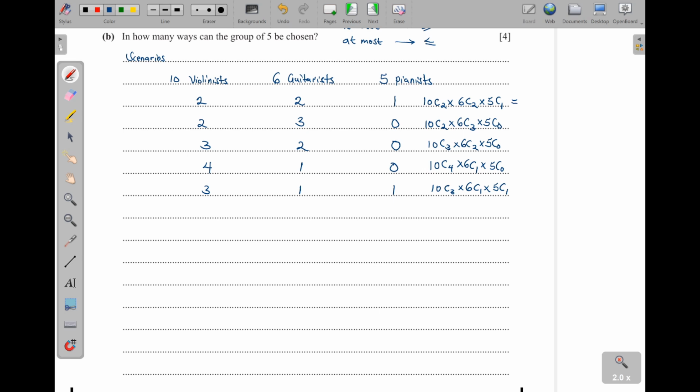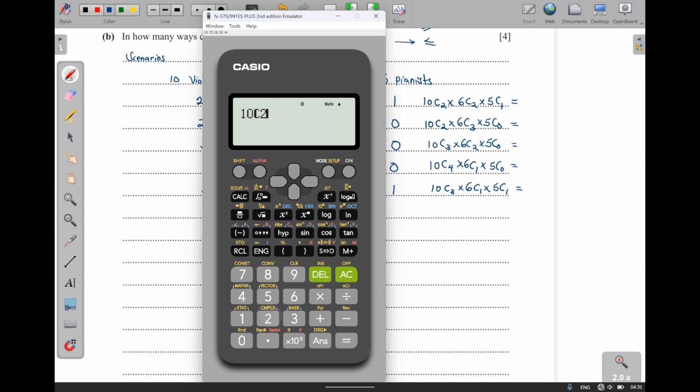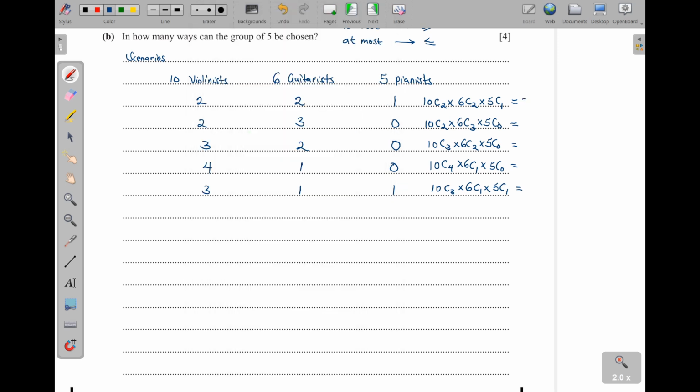So what do I get here? Here, here, here, and here. 10 combination 2, then times 6 combination 2, then times 5. That is 3375. In fact, let me take this one down here.